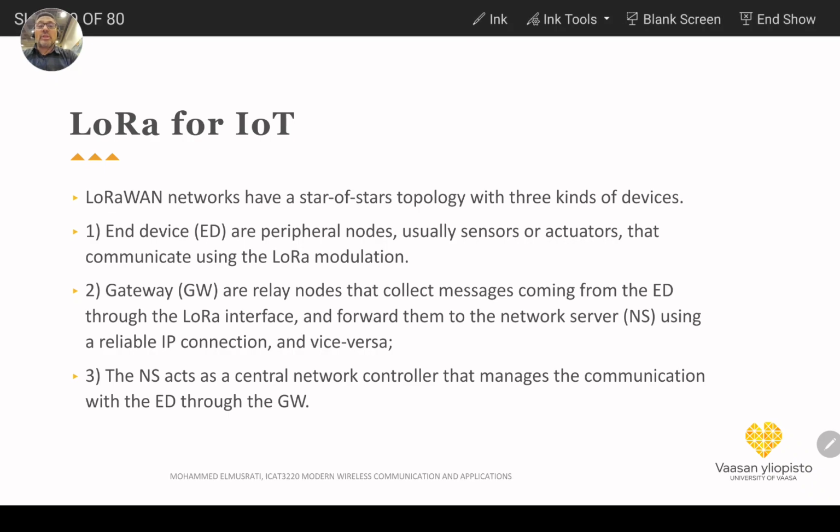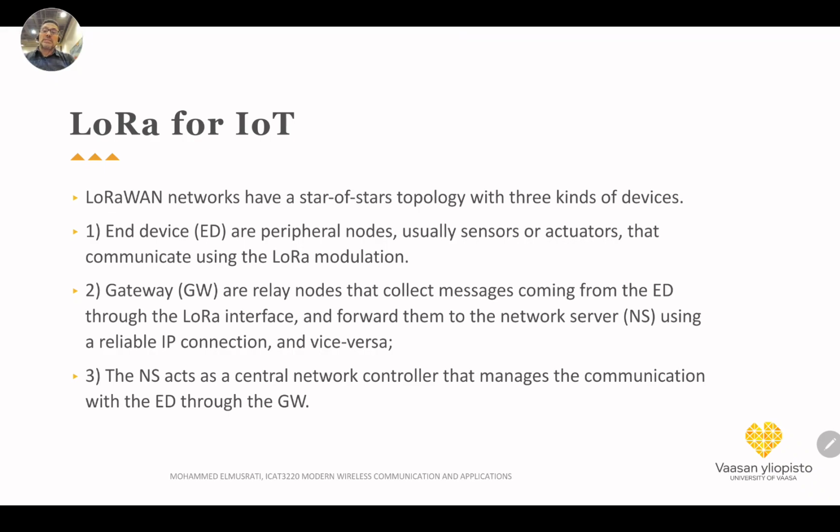Let us start with LoRa technology and explain it more here. LoRa technology supports a star of stars topology, so it can support hundreds of thousands of IoT devices. It is a very promising technology.